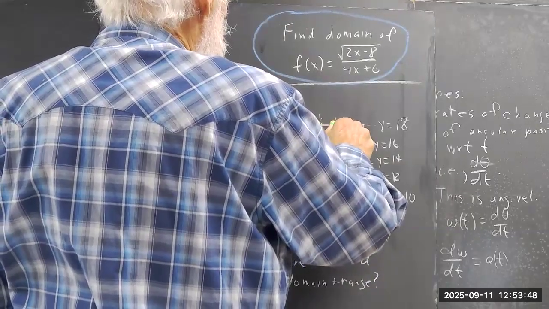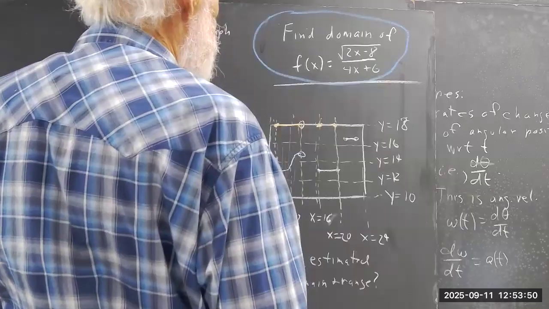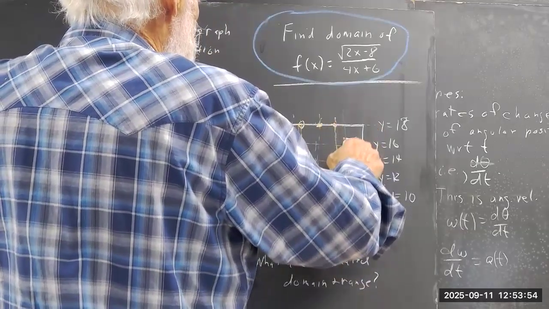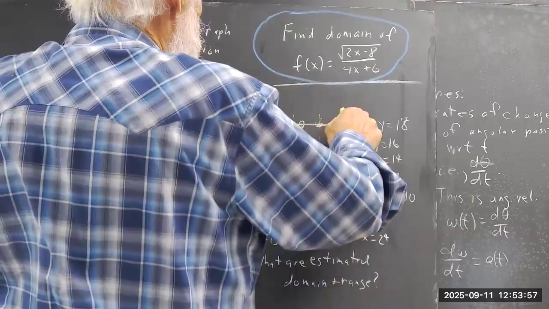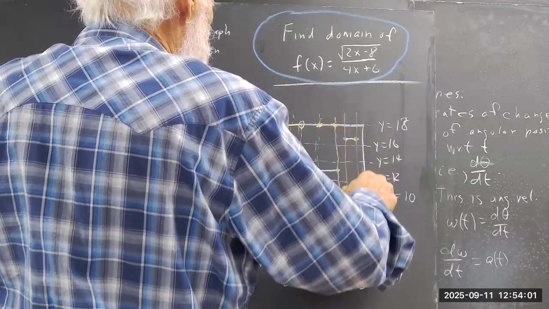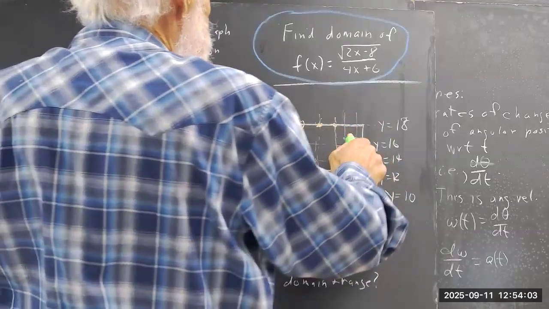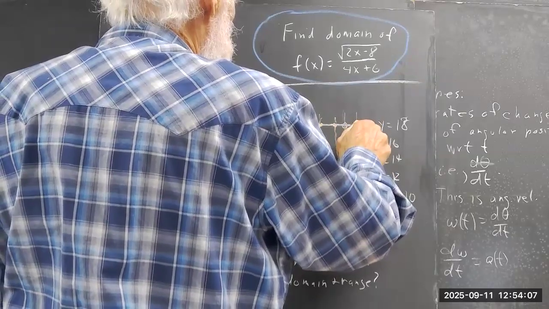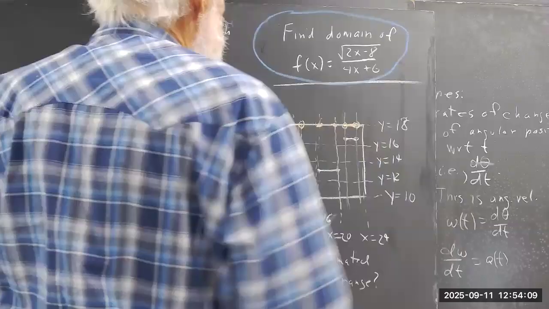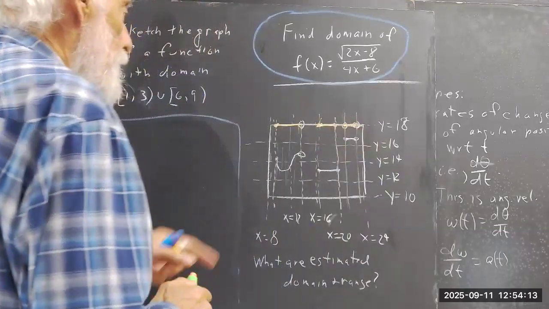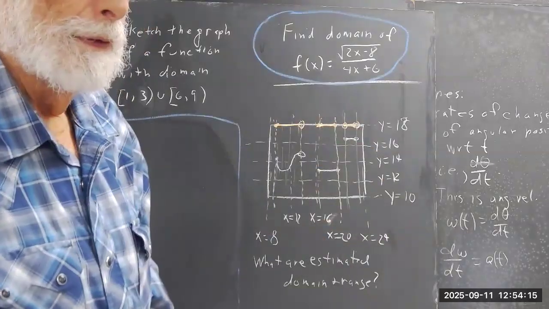So we have this interval. Then between here and here, we got nothing. And then between here and here, we got points on the graph. Well, that's an open point. This is an open point. So right here is a graphical indication of the intervals.